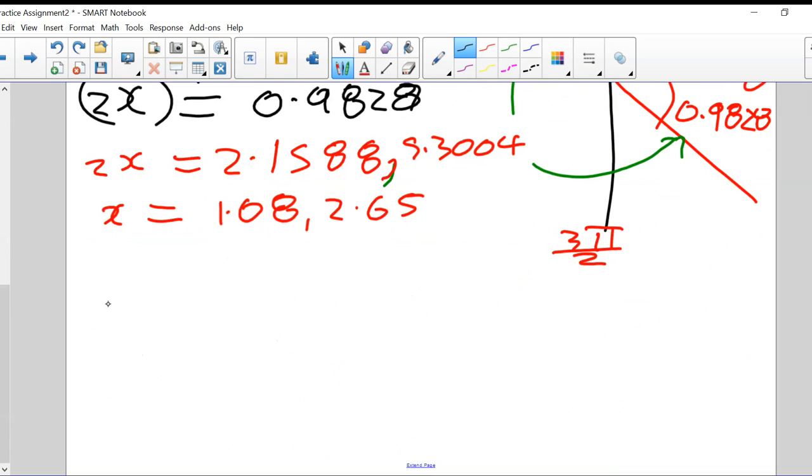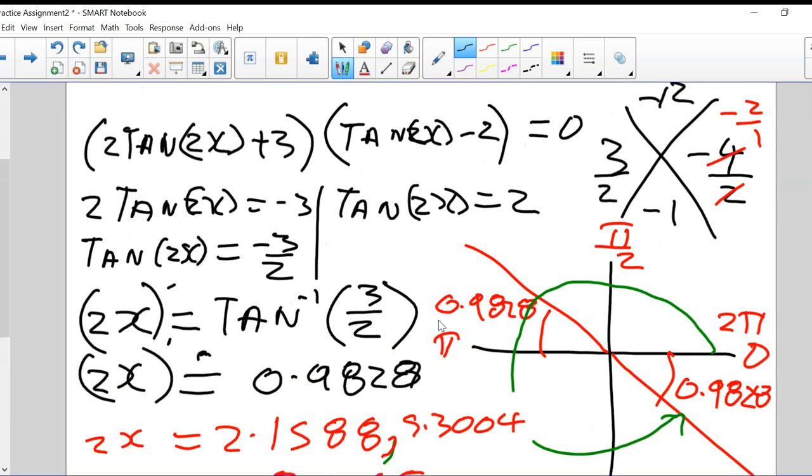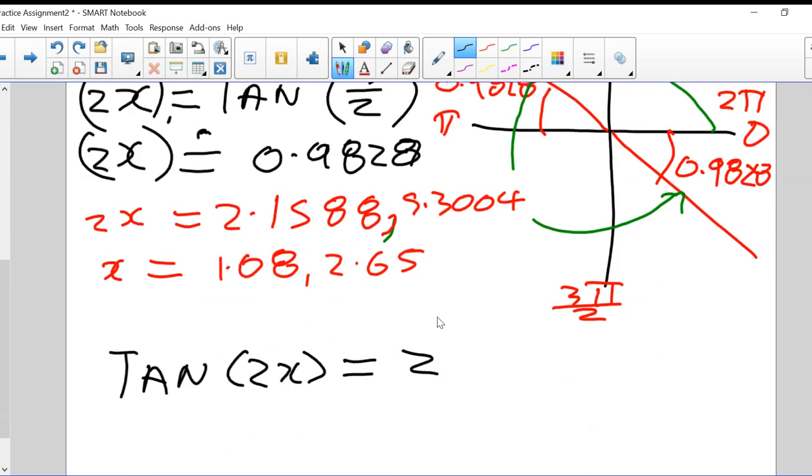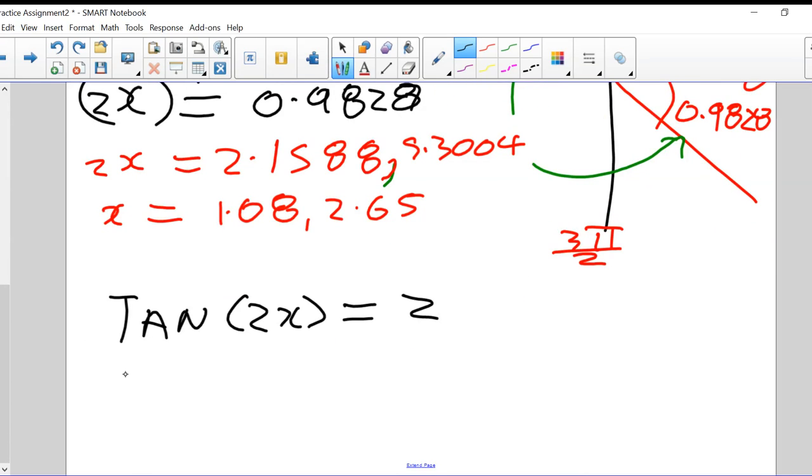Let's finish this up. So tan 2x equals 2. So I'm going to go a little bit faster on this one, right? So if tan of 2x equals 2, then 2x prime, as usual, is equal to tan to the minus 1 of 2.